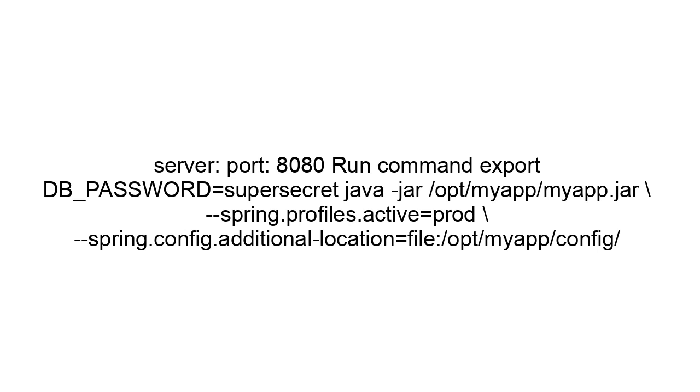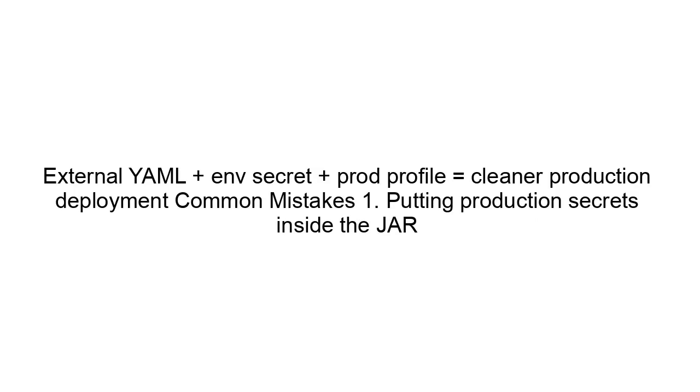Run command: export DB_PASSWORD=super-secret, then java -jar /opt/myapp/myapp.jar --spring.profiles.active=prod --spring.config.additional-location=file:/opt/myapp/config/. Spring Boot supports both external configuration files and environment variables for this kind of setup. Example concept: external YAML plus environment secret plus production profile equals cleaner production deployment.